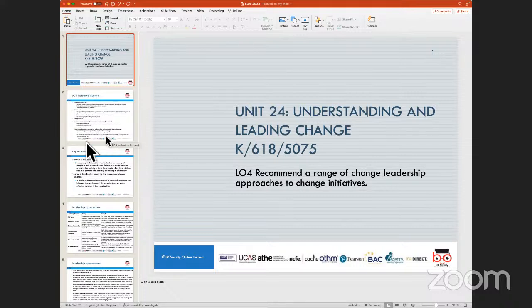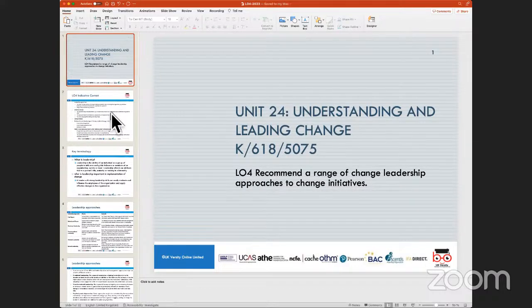We look at models related to change impact and its analysis, like the Bonner Arnold model and the techniques. We also look at some of the leadership styles, and the models used by leaders effectively to bring across change within the organization, such as the force field analysis model. This is where we are going to be implementing some of these while compiling evidence for the assignment at a later stage.